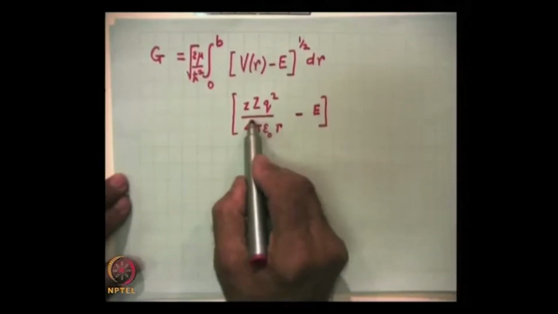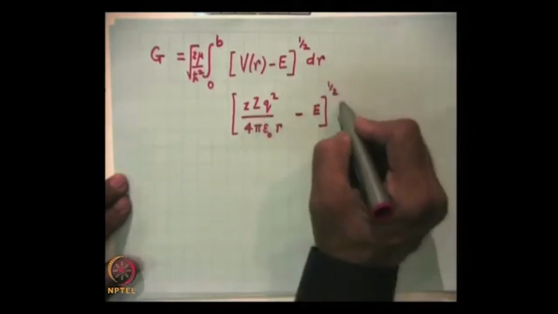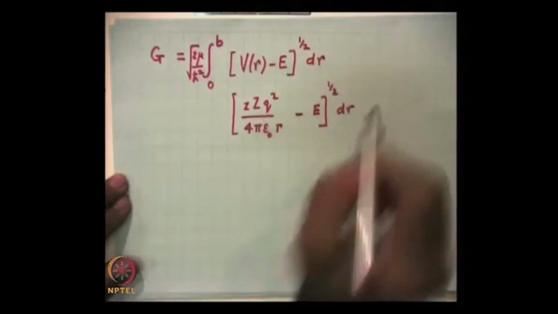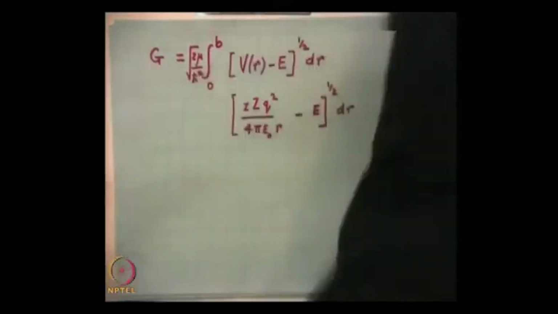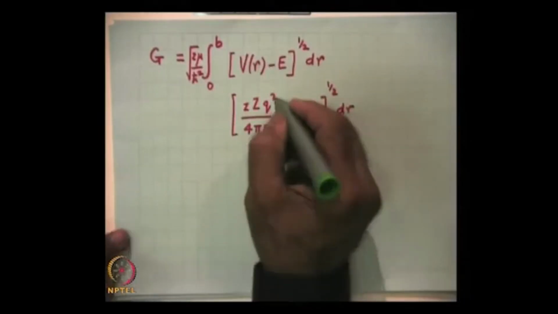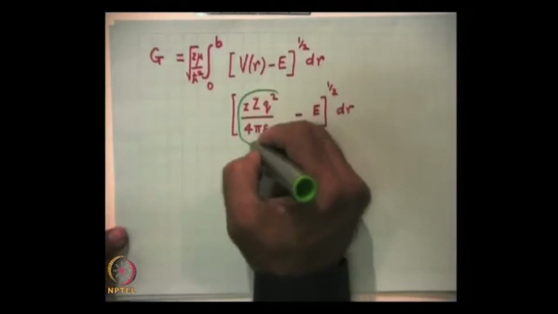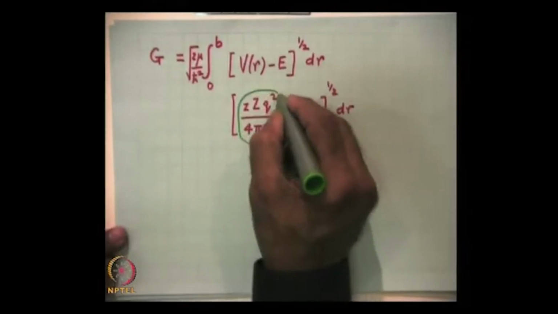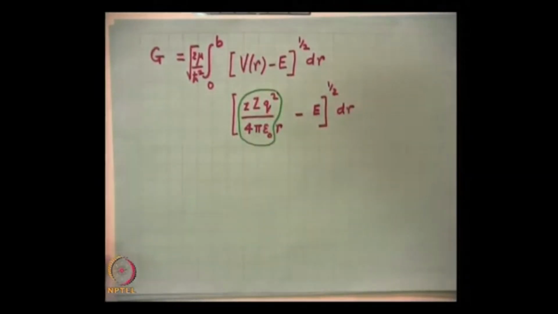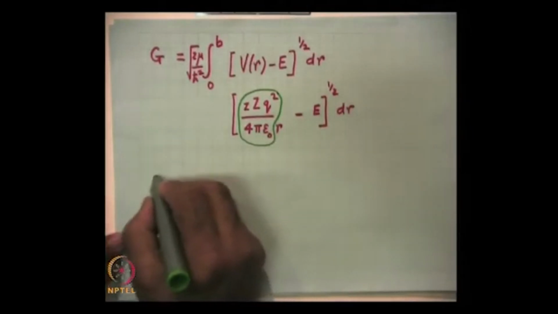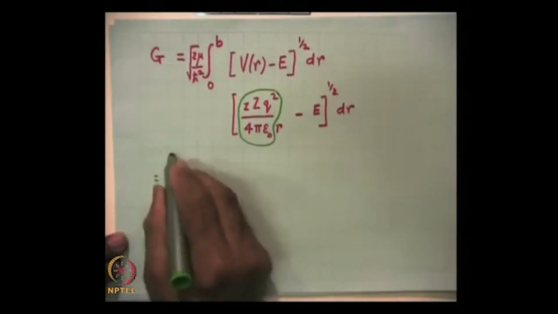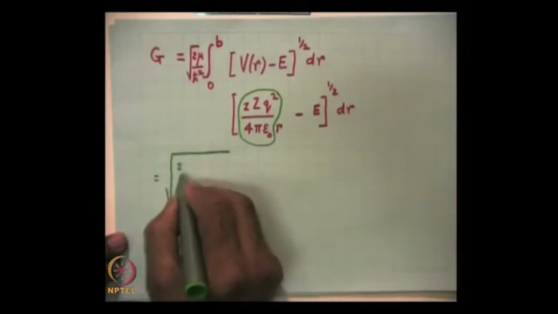So, what I do is I take this part outside, the square root of this part outside. So, I will write this is equal to under root of 2 mu.